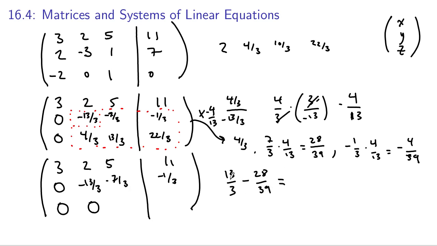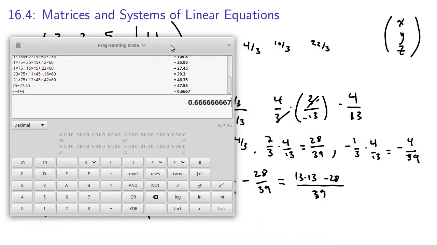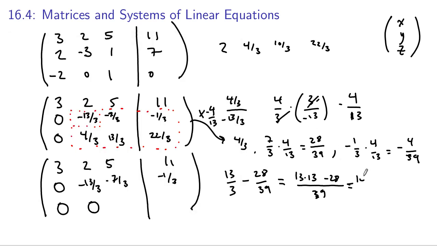Okay, so we have to multiply by 13 over 13 here to get 39 in the denominator. I think 13 times 13 is 169. Might as well check that. And subtract 28, 141 over 39. Of course, that's not any kind of simple number. 141 over 39.